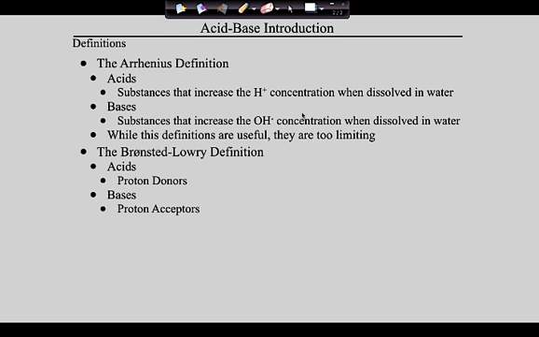This is where we need to talk about a little bit more chemistry. The base definition in the Bronsted-Lowry sense is that bases are proton acceptors. So again, we need to have this thought: how does that support or undermine the Arrhenius definition for bases?